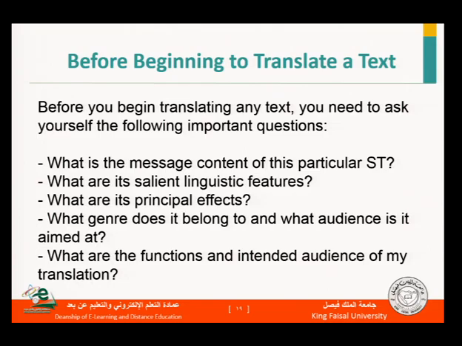Some effects that the writer or the originator or the author of the text has put to have that impact on people when he authored or said that text. So if you know that, you can think of how to render that, or to translate that, or to transfer that to the other language.